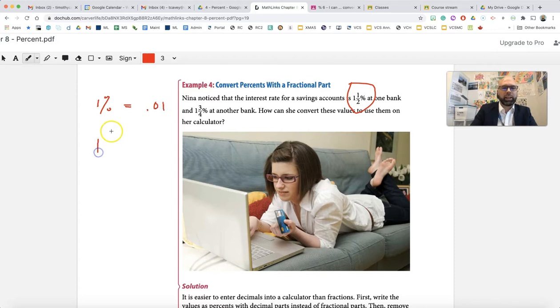So 1.5% should equal the same as, another way to write this is 1.5%.